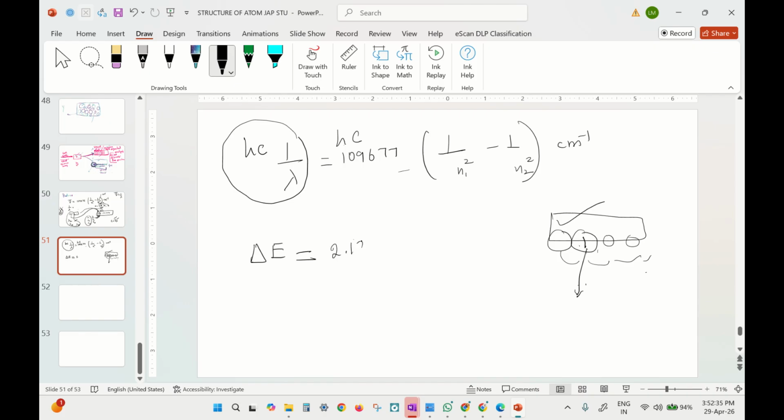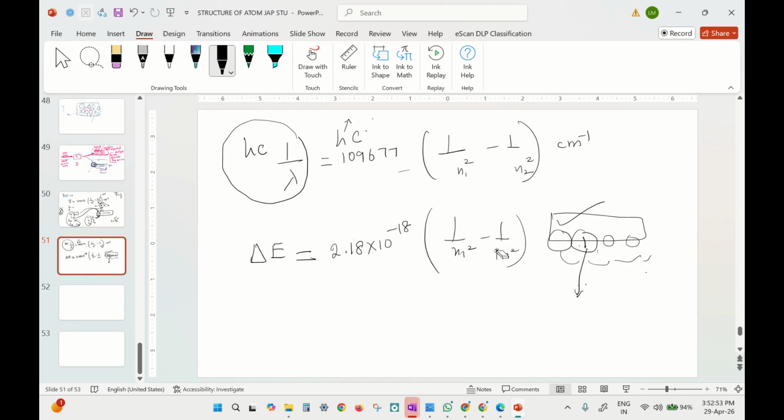Planck's constant is 6.626 into 10 to the power minus 34, c is 3 into 10 to the power 8. Multiplying everything, we get 2.18 into 10 to the power minus 18 into 1 by n1 square minus 1 by n2 square. Now what is the discussion?